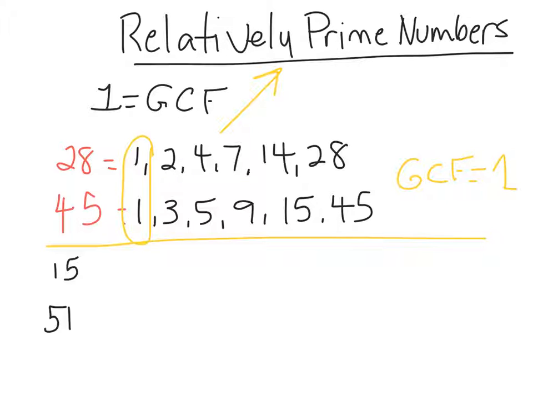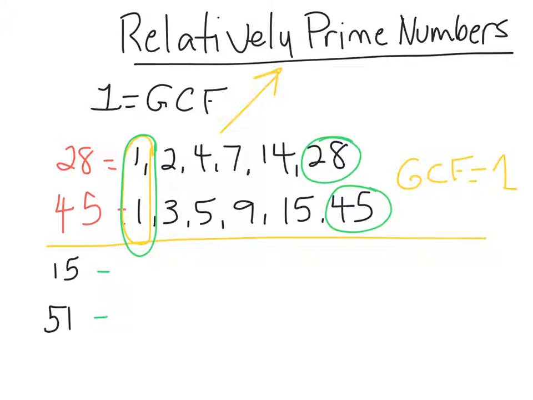We have 28, 45, and 1. Even though the greatest common factor is 1, because that's in both of them, we need 2 or more non-zero numbers.